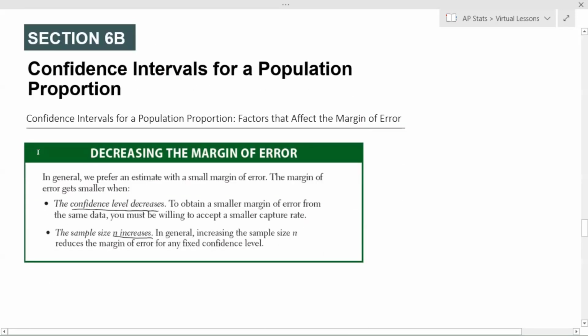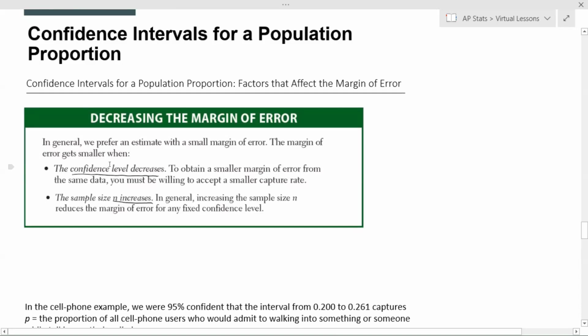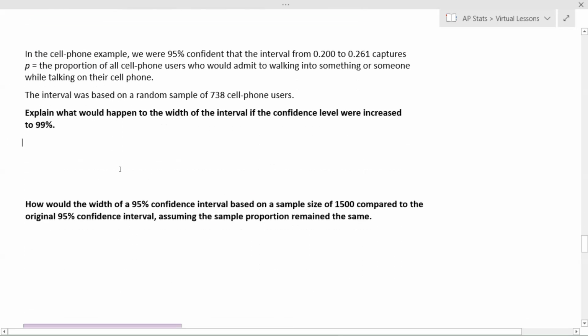It's basically doing the opposite of what we did here. To decrease the margin of error, you're going to have the confidence level decrease. Well, in this case, we increased the confidence level. So the confidence interval would be wider because increasing the confidence level from 95% to 99% increases the margin of error.